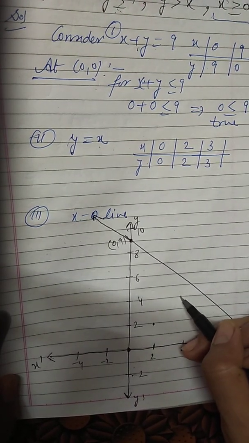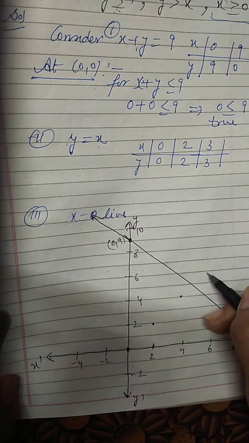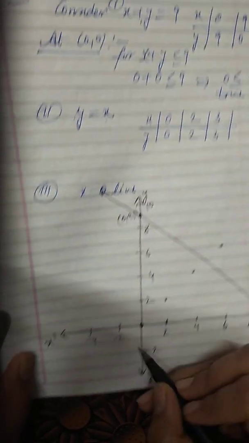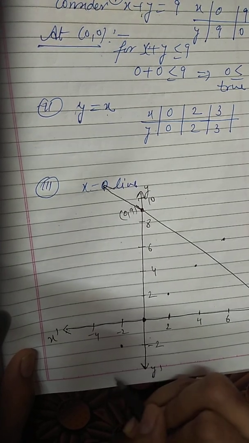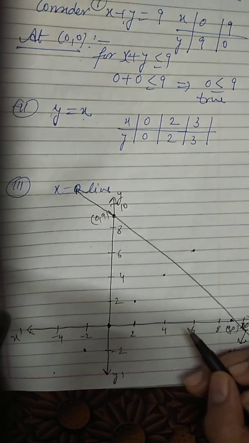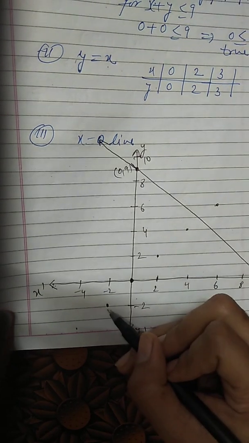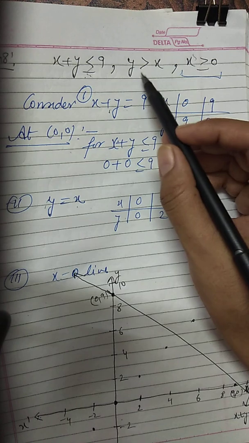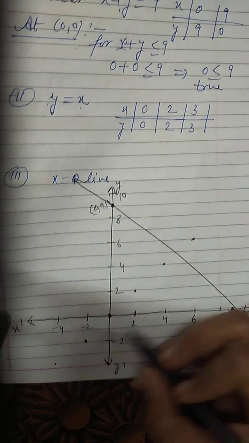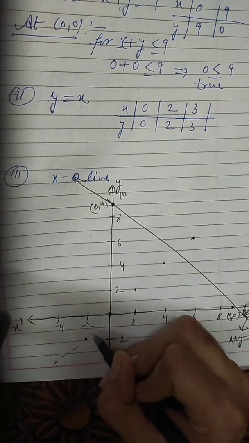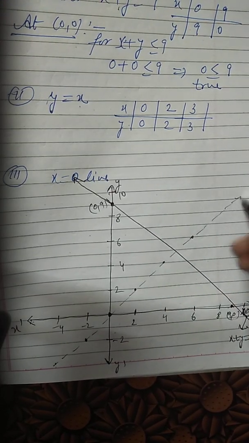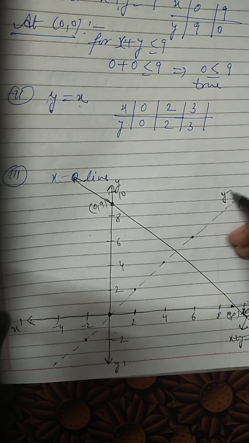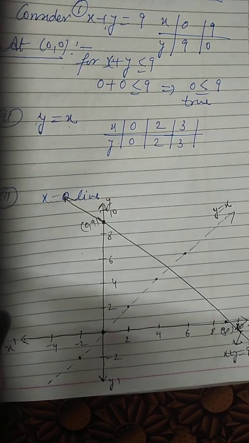When x is 4, y is 4. When x is 6, y is also 6. When x is -2, y is -2, -4, -4 and so on. So when we join these points, now remember the inequality given is a strict inequality. So our line will be a dotted line passing through the origin. So this line is the y equals x line.